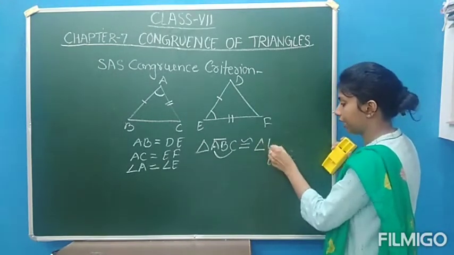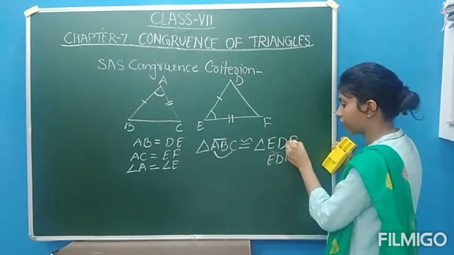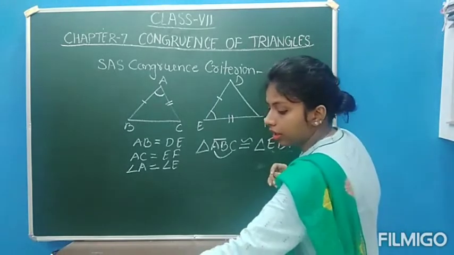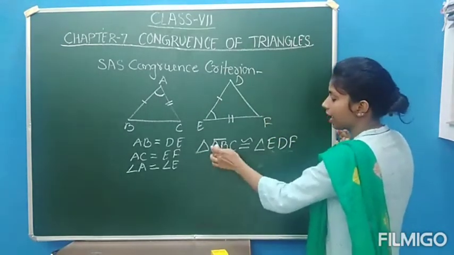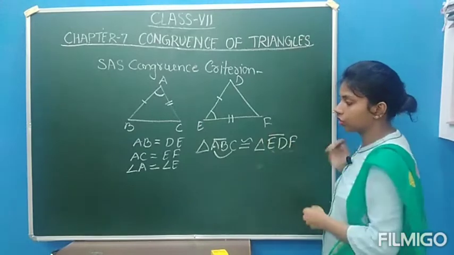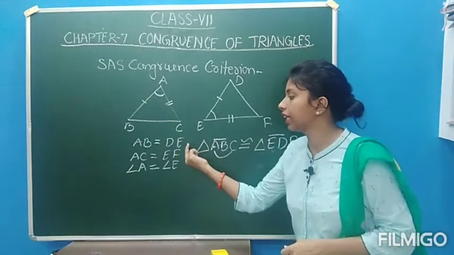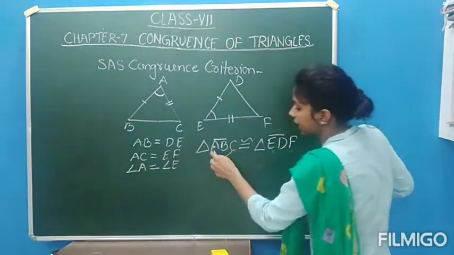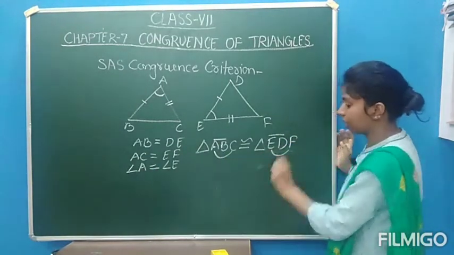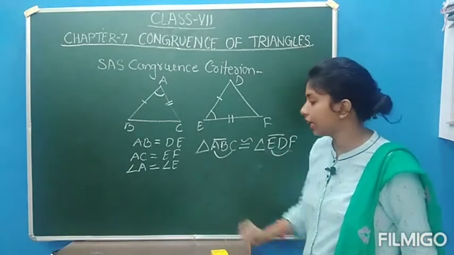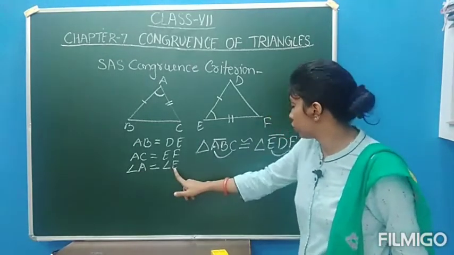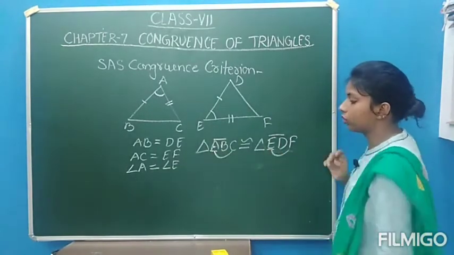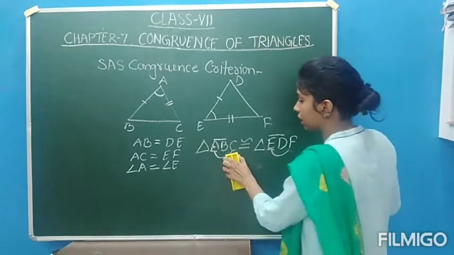Let's check EDF. AB is equal to ED, and DE is the same thing as ED. After that AC is equal to EF, this one is also correct. Now angle A is equal to angle E, so this one is correct.